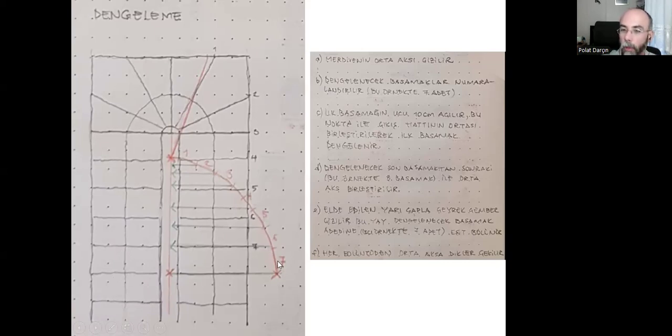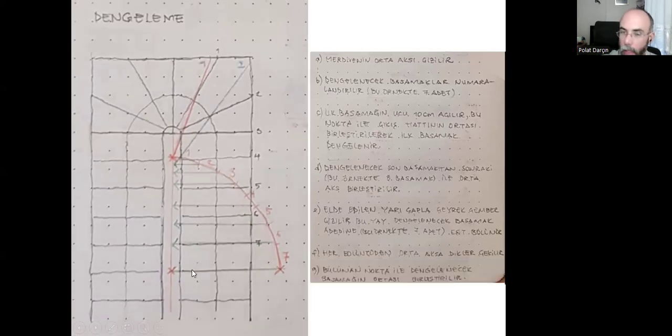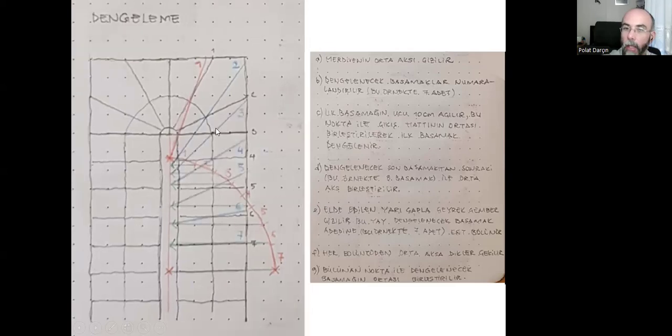You need to draw all these lines here, and then now you can connect the middle point of your second step with this first intersection, the middle point of your third step with this other intersection, the middle point of your fourth step with the other intersection, fifth step intersection, sixth step intersection, seventh step intersection, and that's already the horizontal one.